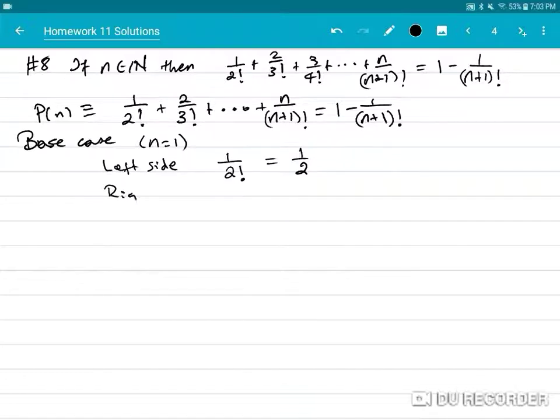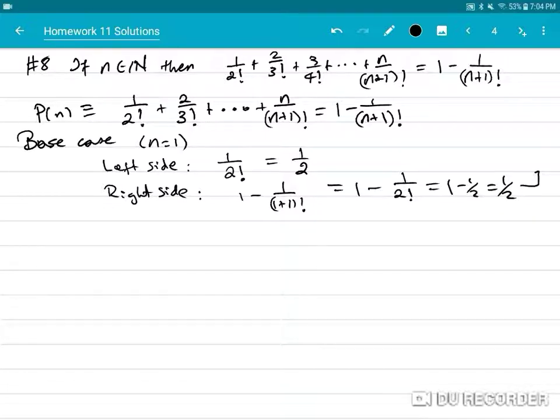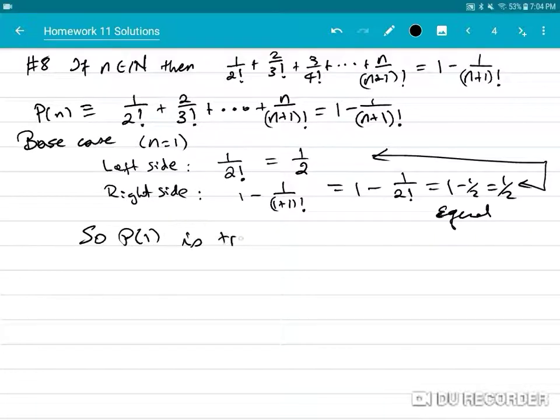And the right side is 1 minus 1 over 1 plus 1 factorial, 1 minus 1 over 2 factorial. This is 1 minus 1 half. And these are equal. So P of 1 is true. The base case is true.